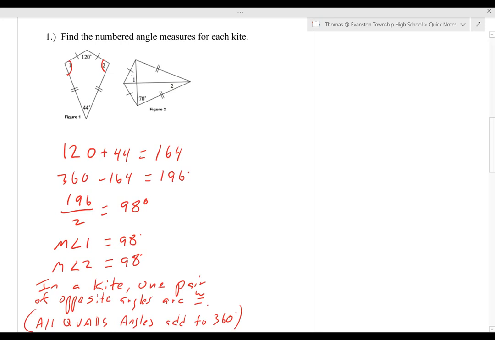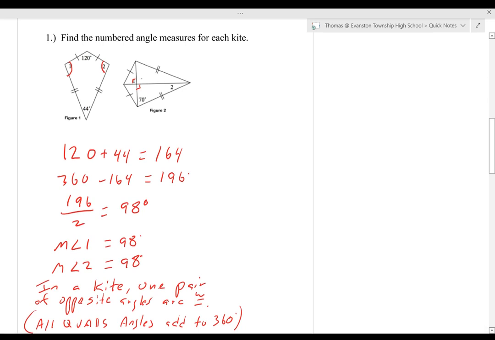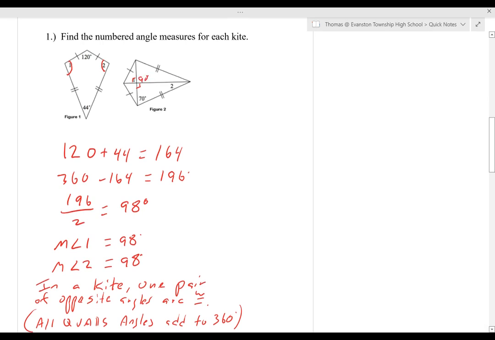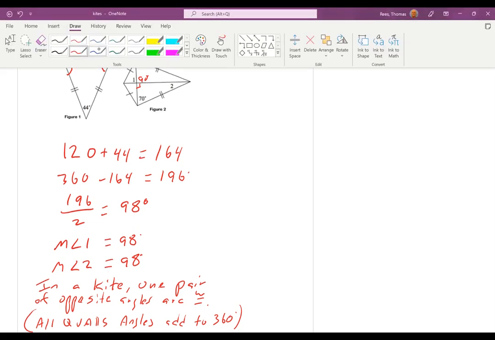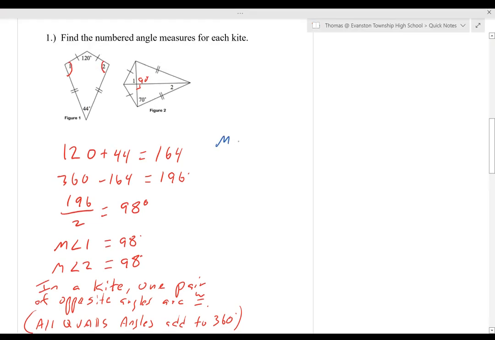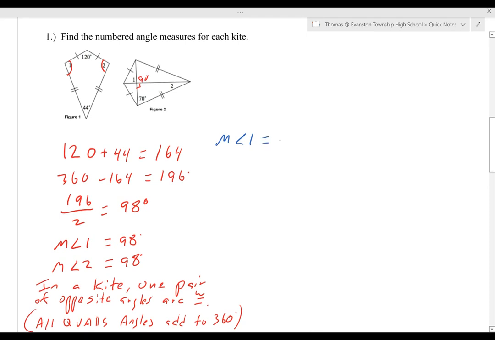Okay, I also know that the diagonals bisect each other. So these are all 90 degrees. So I know that the measure of angle 1 equals 90 degrees.